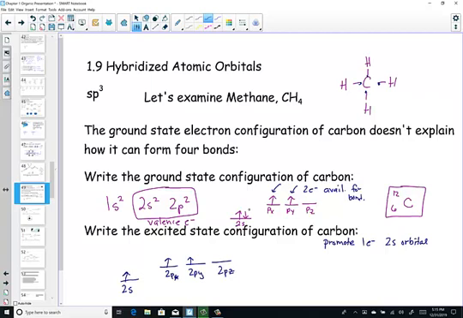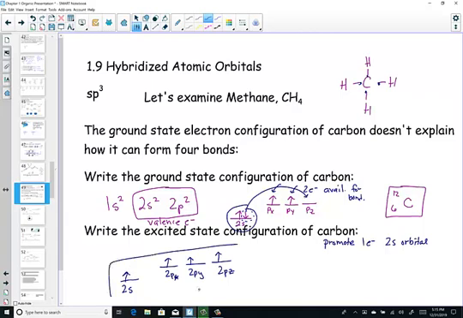But I'm going to take this electron and promote it to the empty orbital of the 2p sub z. It's like giving everyone elbow room. I have an empty bedroom and somebody's sharing in the 2s. I'm going to allow this to just be promoted to that empty space.